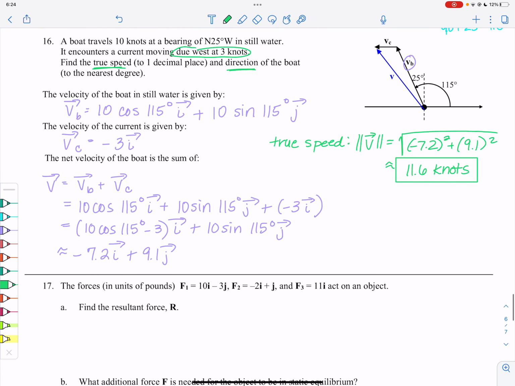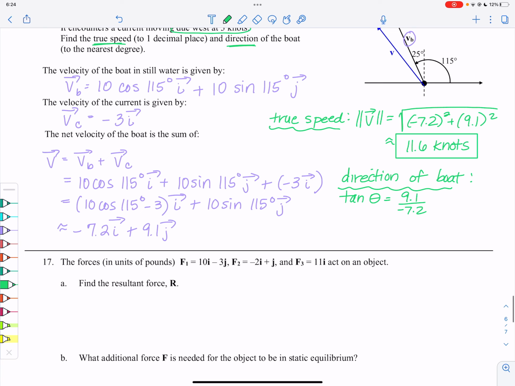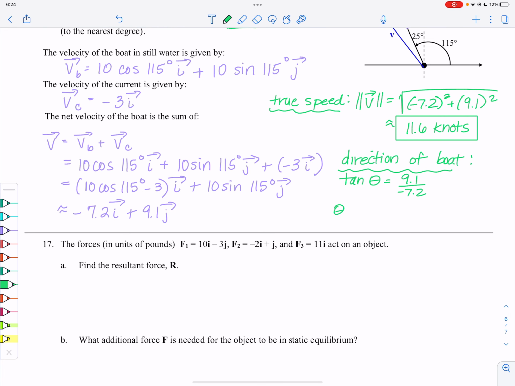Okay, how about the direction of the boat? Well, we know that the tangent of theta is going to be equal to 9.1 divided by -7.2. So we know that theta is the tangent inverse of that quotient.